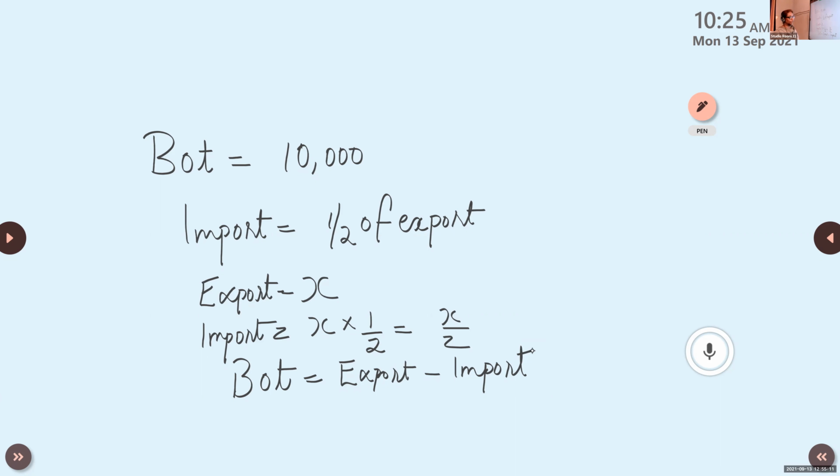Find the value of exports. Did you write, Irfan? Yes, ma'am.